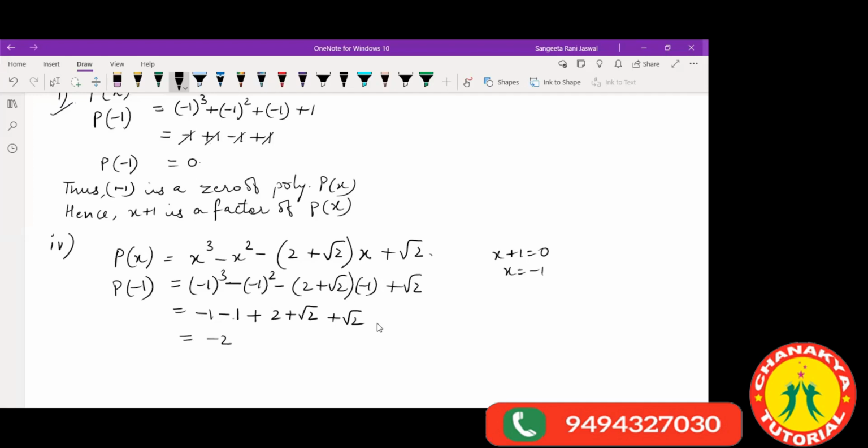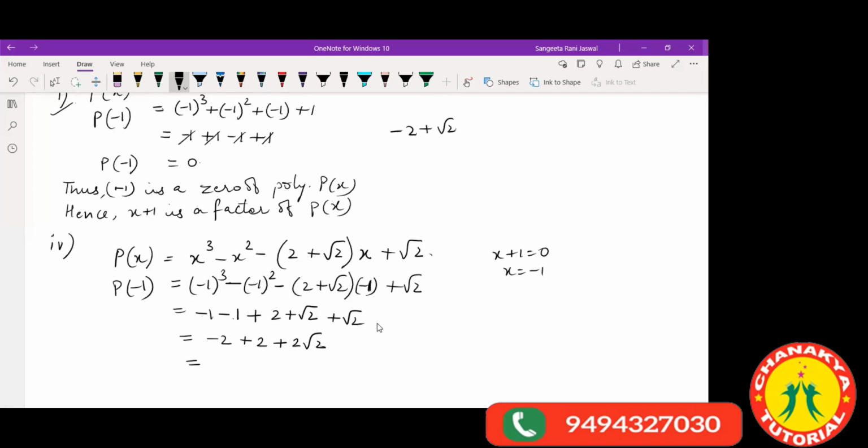Ma'am, I have a doubt. There is a minus outside the brackets of 2 plus square root 2, right? Then it will distribute. Yes, that is what we did.